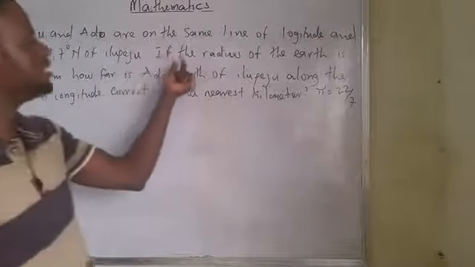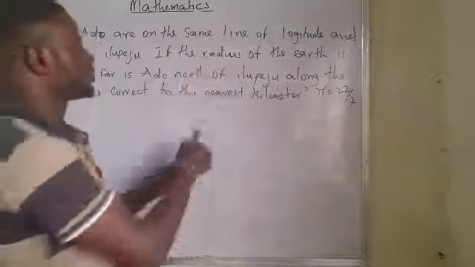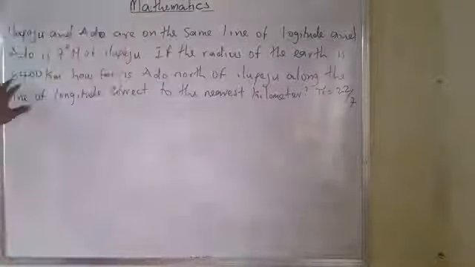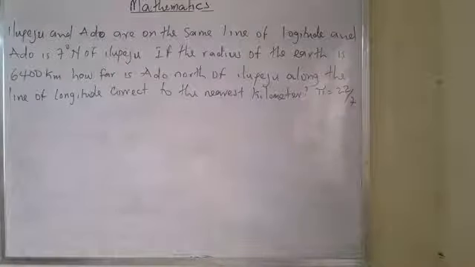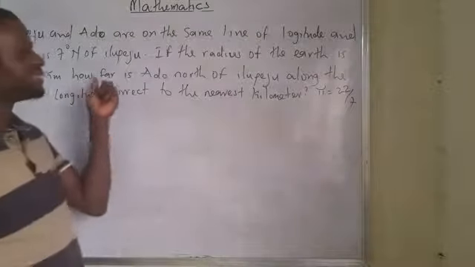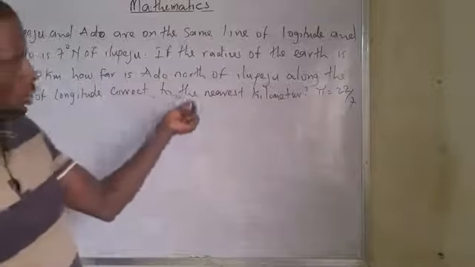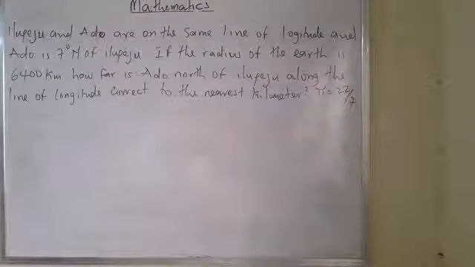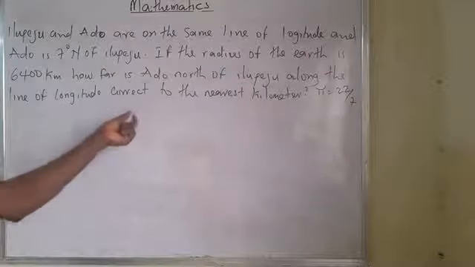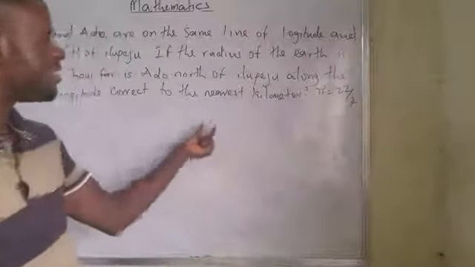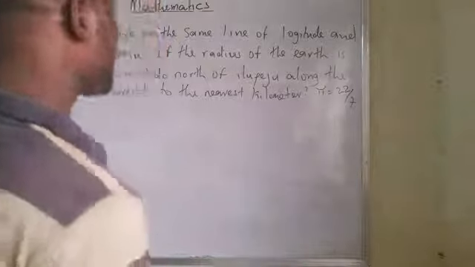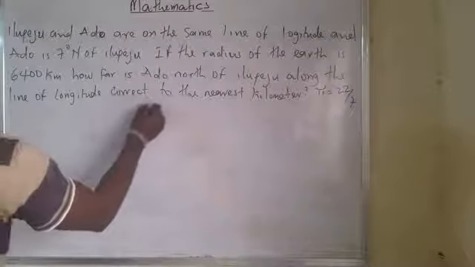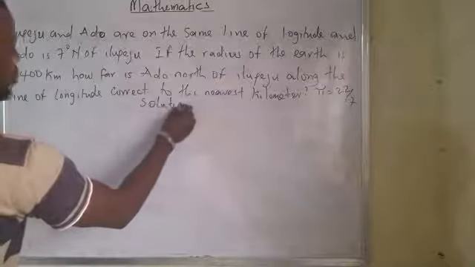If the radius of the Earth is 6,400 kilometers, how far is Ado north of Ilupeju along the line of latitude, correct to the nearest kilometer, taking pi as 22 over 7? Let's try to work on this question and see how it will go.